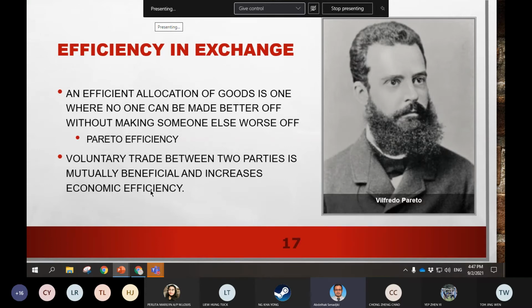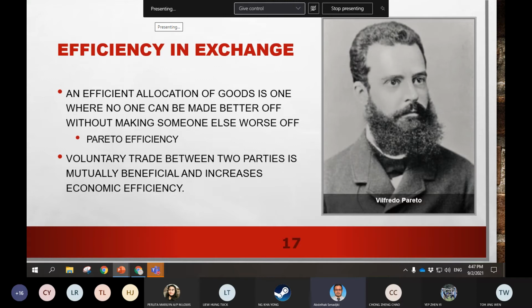When we come to bargaining and reach a mutual agreement between two parties, that actually increases the economic efficiency of that particular market. The term Pareto efficiency is named after this Italian economist who developed the concept of efficiency in exchange. But Pareto efficiency is not the same as economic efficiency.